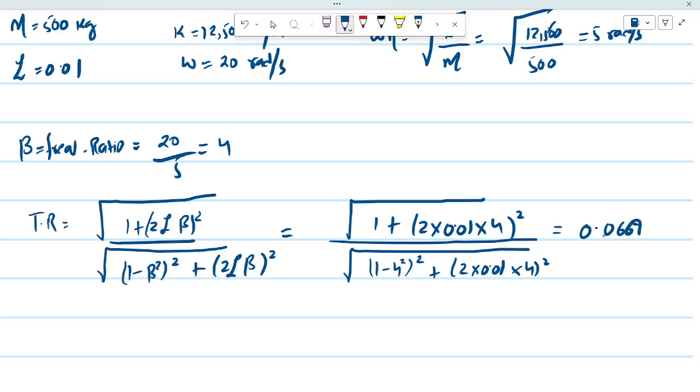If you multiply by 100, the isolator reduces the vibratory motion of the rigid body to 6.69%.